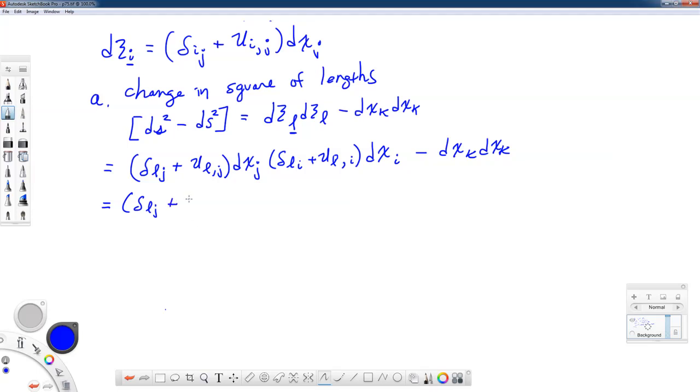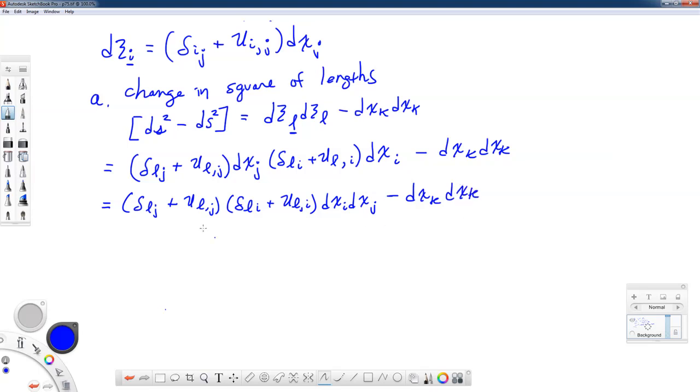And then plus U L comma j, and the second term, Kronecker delta L I plus U L comma I. And now we're going to have the dxi and the dxj term. I'm just going to write them in that order. Can write them in the other order if we want, but that's okay. And then dxk and dxk.